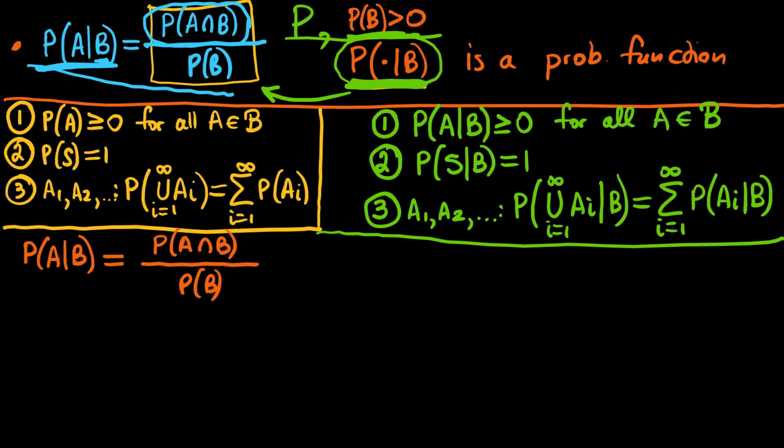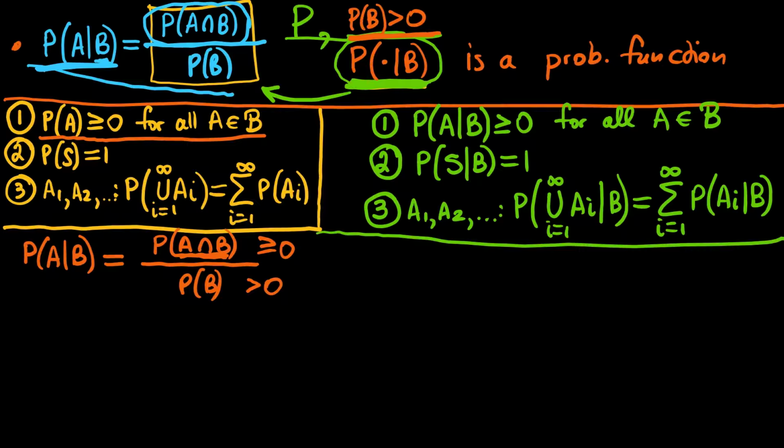And notice that in the denominator, we have a probability that's greater than 0 because we had to assume that. And in the numerator, well, A intersection B is some event. And we know from axiom 1 that the probability of any event is greater than or equal to 0. Right?